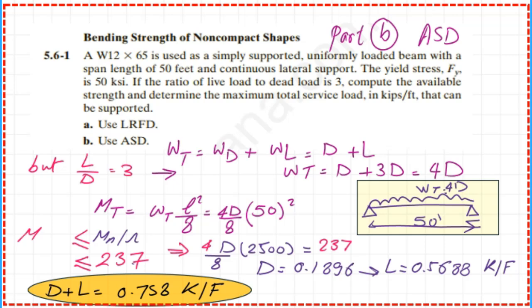The M total is W total by L squared divided by 8, supposed to be less or equal to M nominal over omega_b. We have it already as 237 feet-kips. We are going to equate M total equal to 4D by 50 squared divided by 8. We will get the D value equals 0.1896.